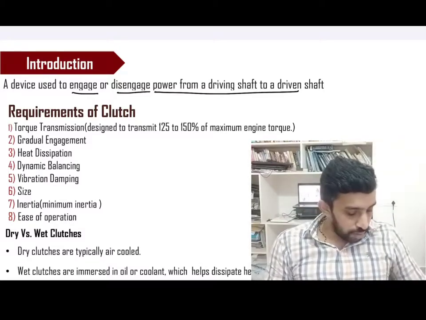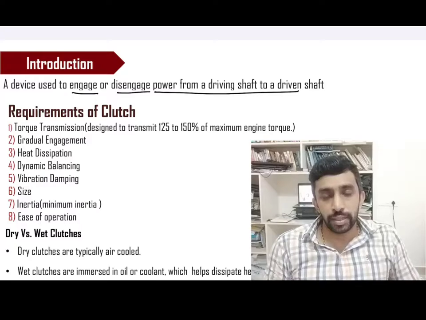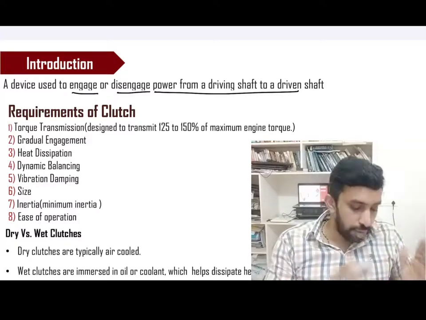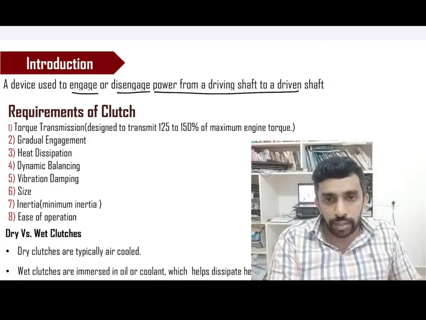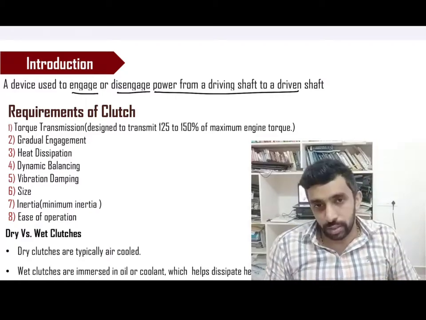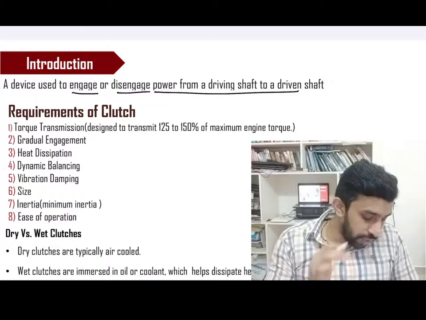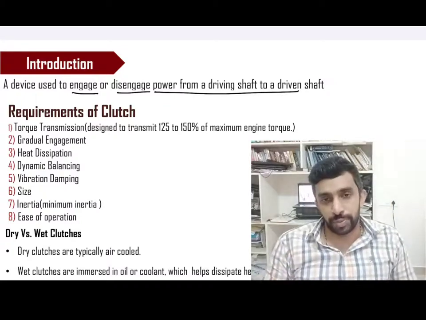So what are the basic requirements of a clutch? Even though we have stated that the main purpose is to engage and disengage, still it has got some requirements. It should not just engage or disengage. Other than that, it should possess some properties, and among that the main one is the torque transmitted.